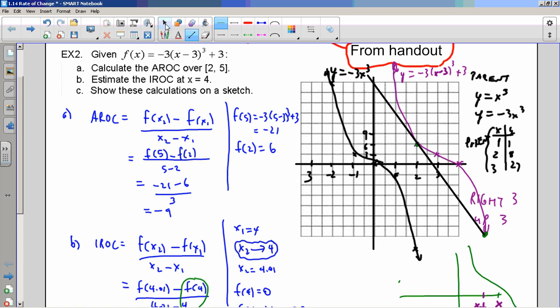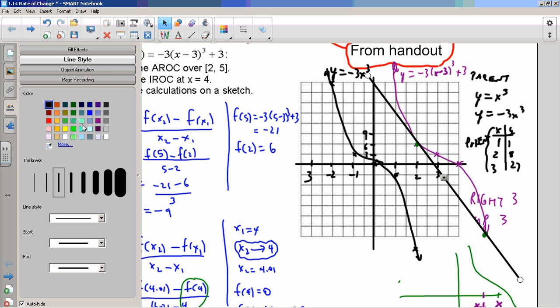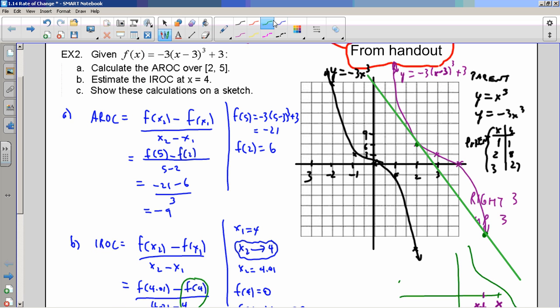I'm going to make this go in both directions. Make it green. Dandy. And can I convince you that the slope of this secant is -9? Down 9, right 1. Yeah, looks like it's about -9.